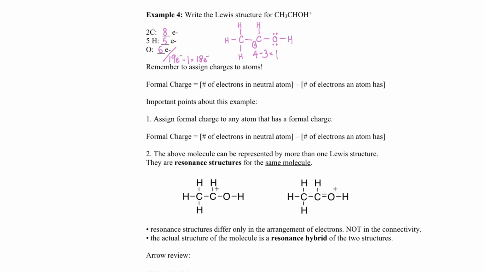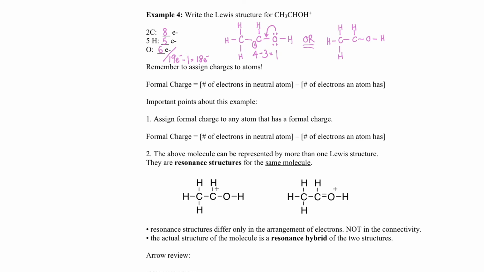So the second possibility is going to look like this. So the skeleton of the molecule doesn't change, right? The backbone is still drawn the way that it is written. But now, if we choose to give the carbon octet, we can move one of the electron pairs from oxygen into a double bond.